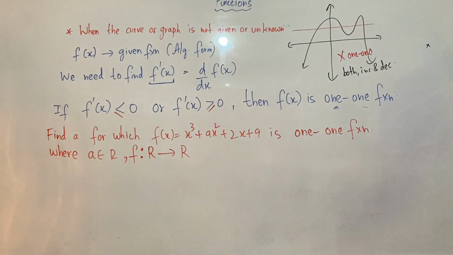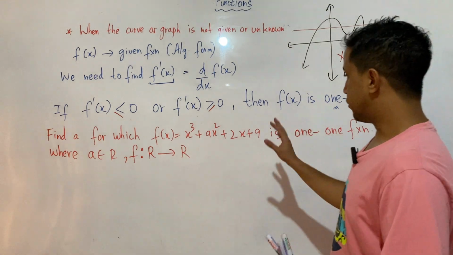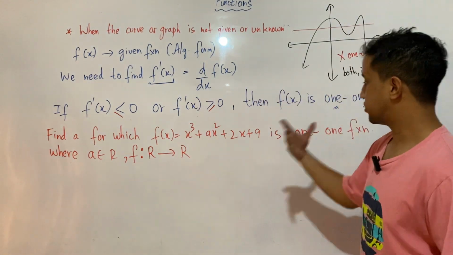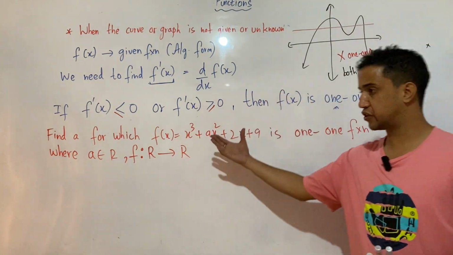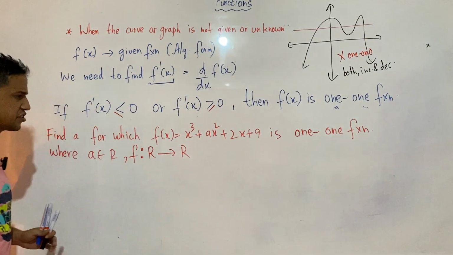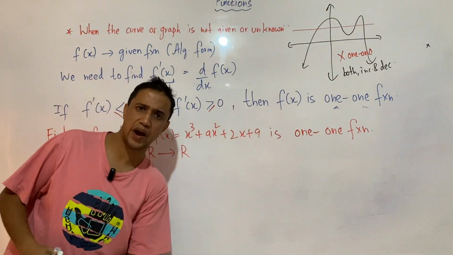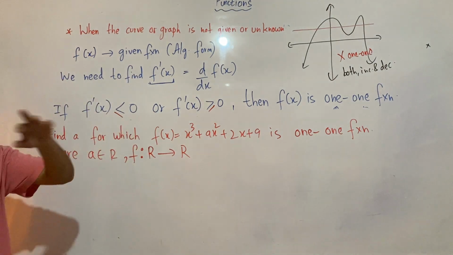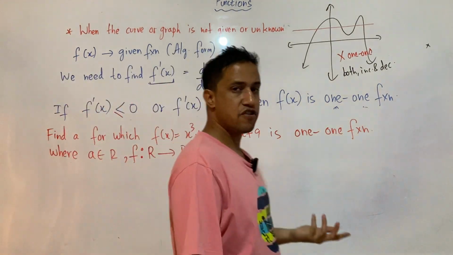Now, we have to find the value of a for which this function is a 1-1 function. We cannot draw the graph of this function. Why? Because a is unknown, right? We don't know the value of a. So we have to find the value of a.